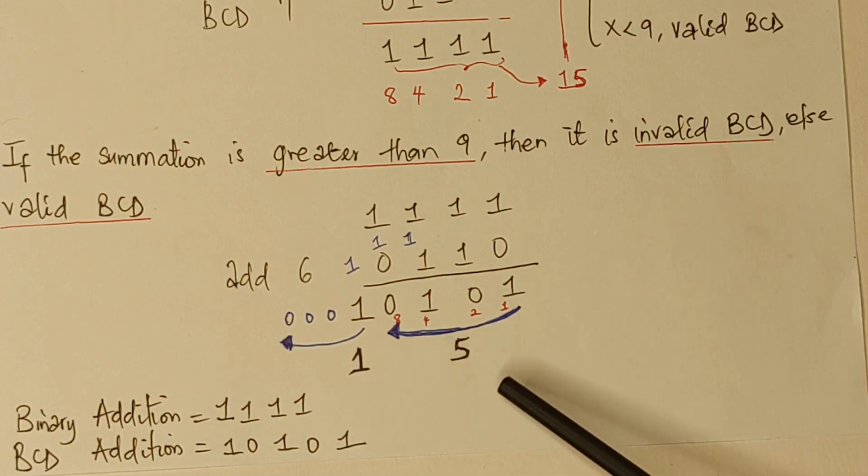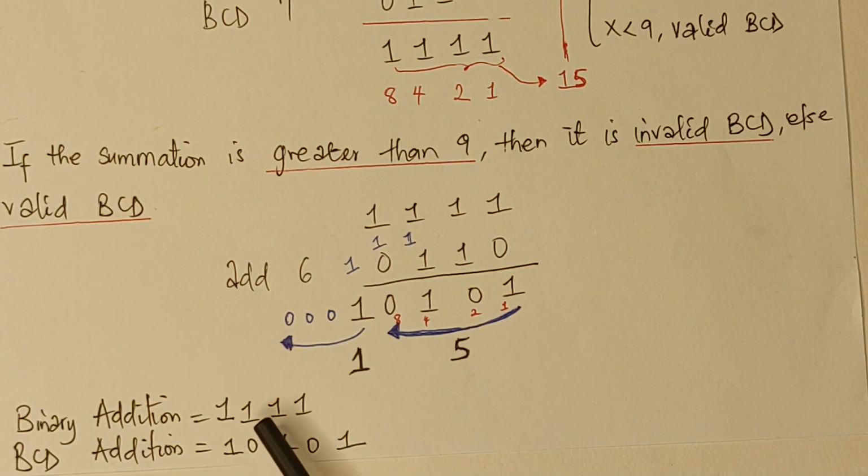That is 1, 5. So this literally tells us that 8 plus 7 in decimal form gives us 15. But when we are to talk about the BCD, you should take note that it will be 10101. But when we are to talk about the binary addition, it will be 1111. So don't be confused. Maybe you are faced with this kind of question.